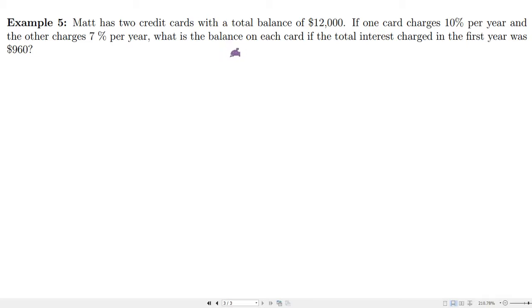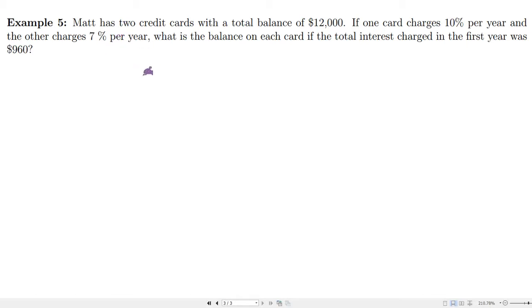Okay, so what do we have here? Well, we essentially have 2 unknowns, right? We want to know how much is on the 10% credit card, and the other credit card we have some amount, and that credit card charges 7% per year.